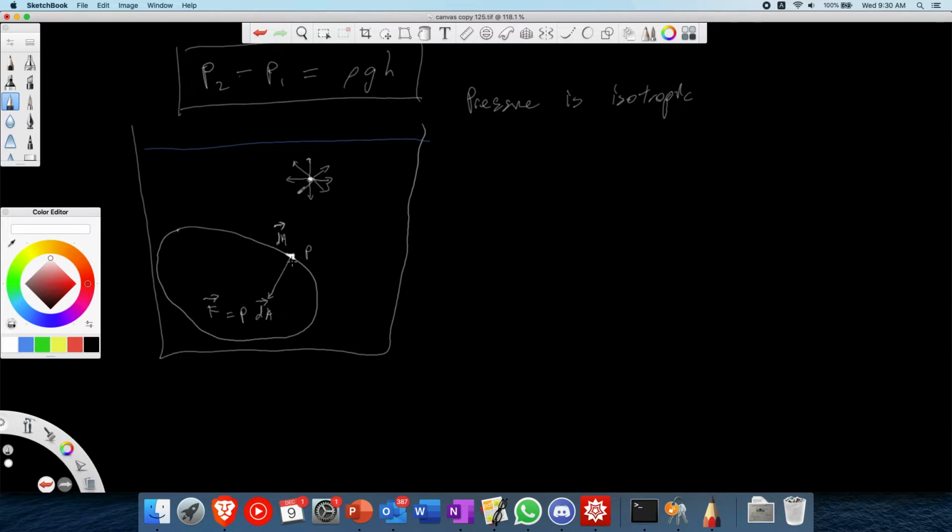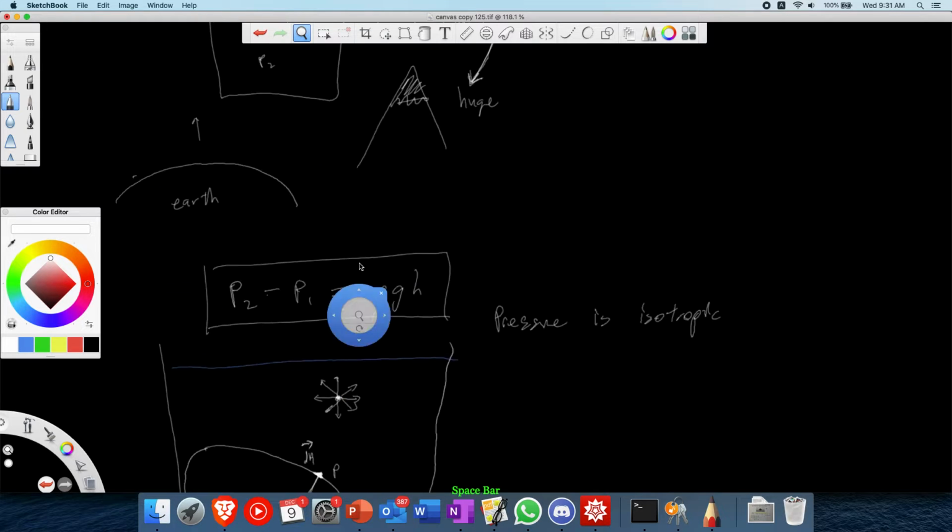But if I do put a solid object, then the direction of the force exerted by the liquid on the solid object is given by the normal vector, and the force is given by P times area. Pressure equals force divided by area, so force equals pressure times area. That's how the pressure of air or a liquid acts on a solid body.